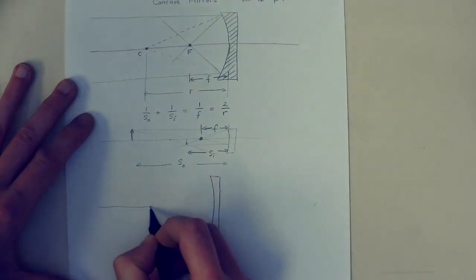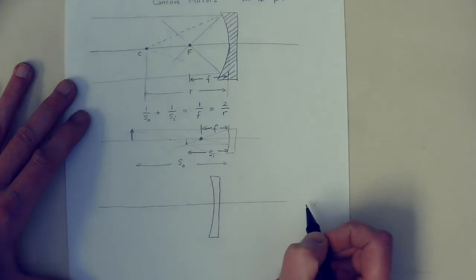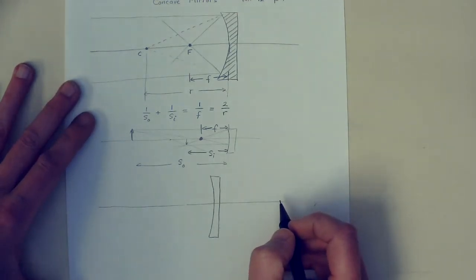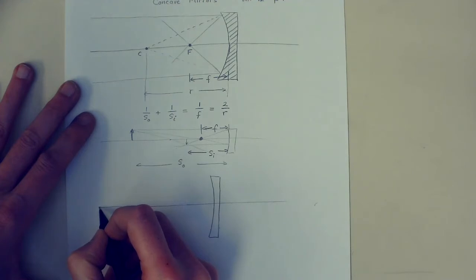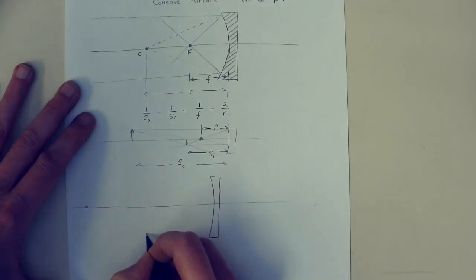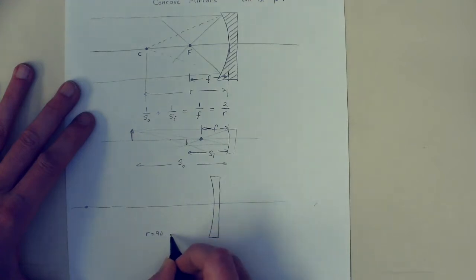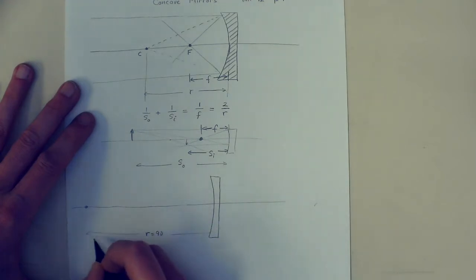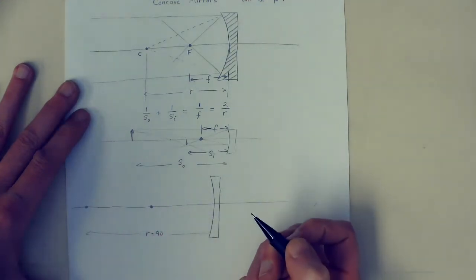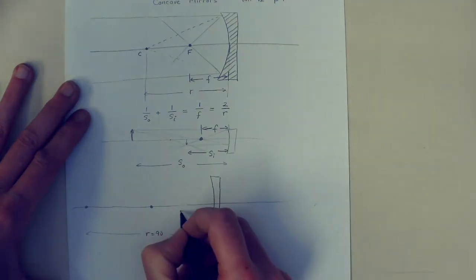And now let's give this a radius out here of 90 centimeters. So R is 90 centimeters all the way out there. That puts the focal point here at 45 centimeters.